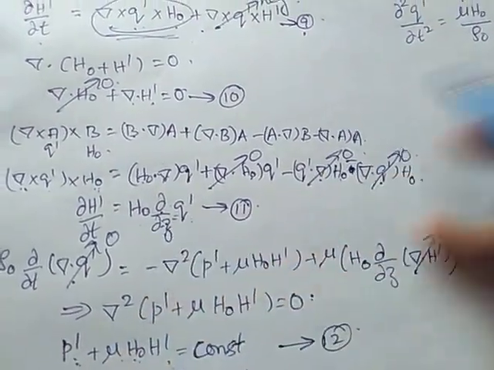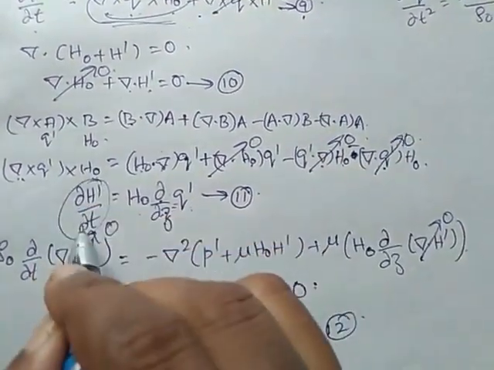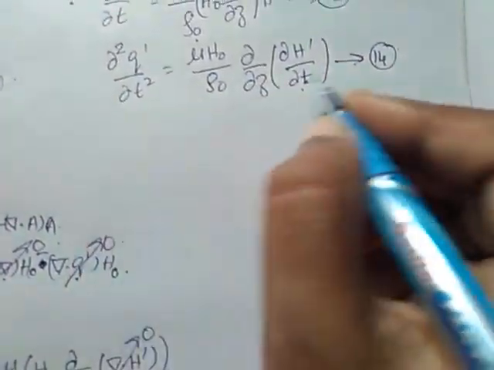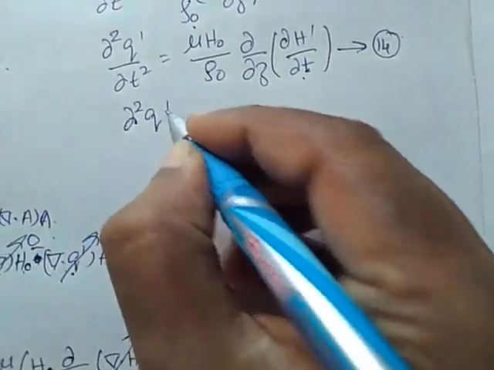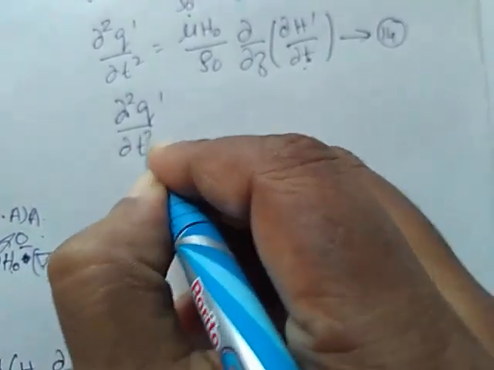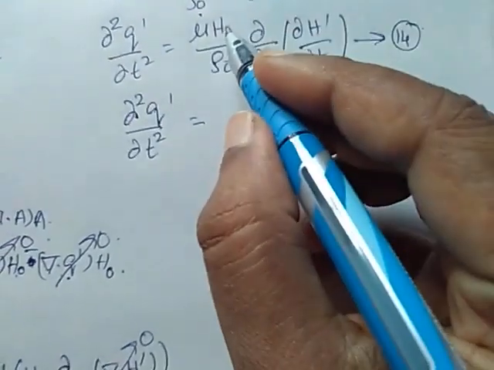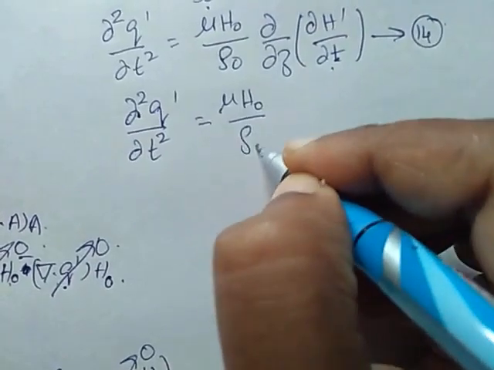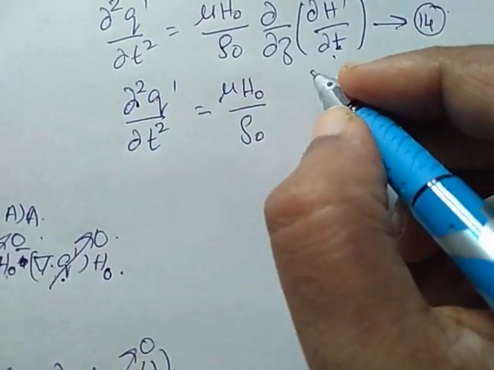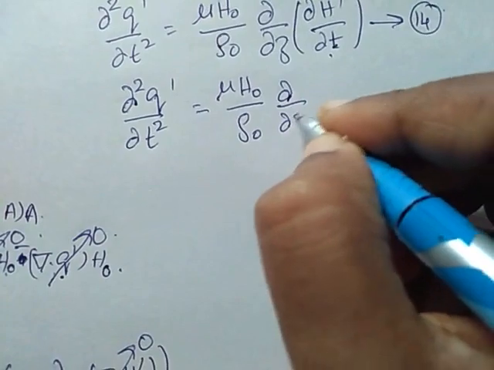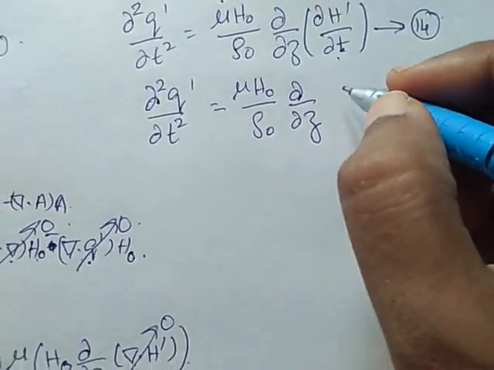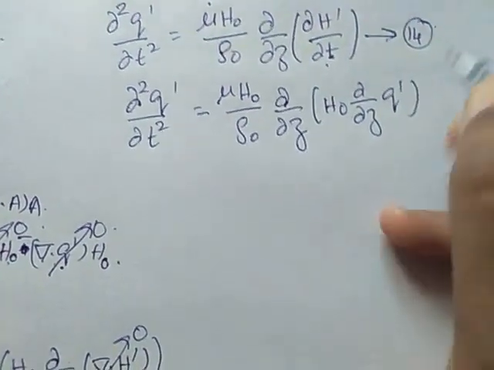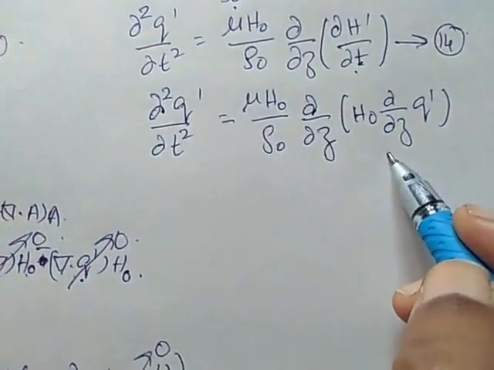So I'm going to substitute dou H dash by dou T in our equation 14. So we'll get equation 14 as dou square Q dash by dou T square is equal to, for the time being I'll write as it is, mu H naught by rho naught dou by dou Z of H naught dou by dou Z of Q dash. This we get from equation 11.